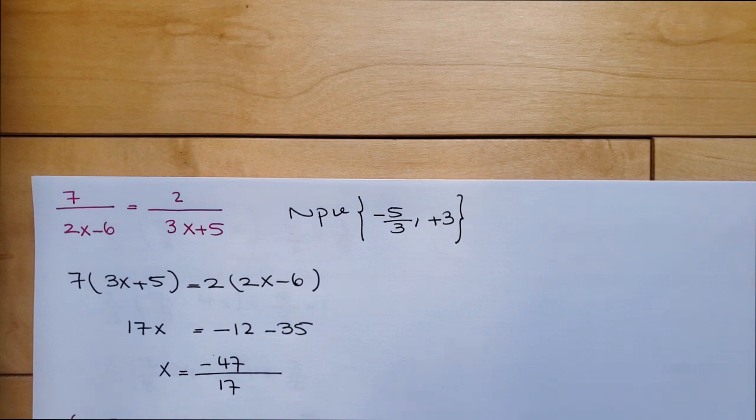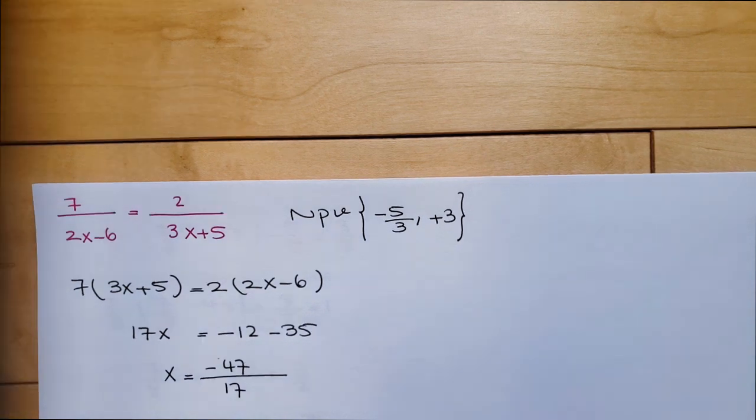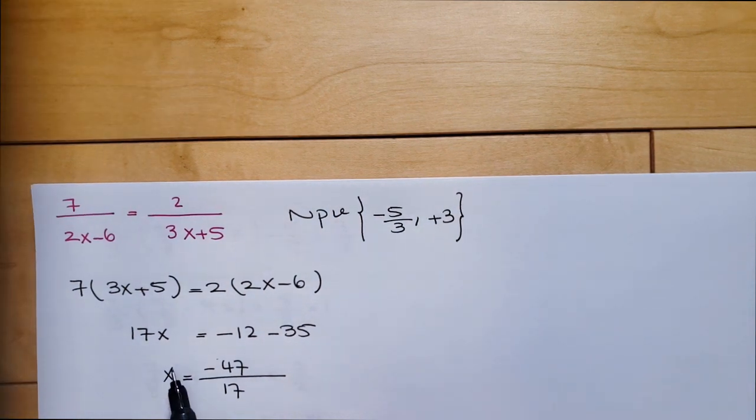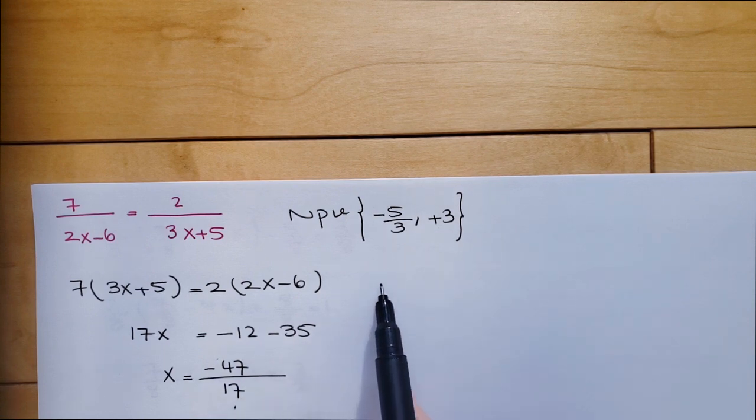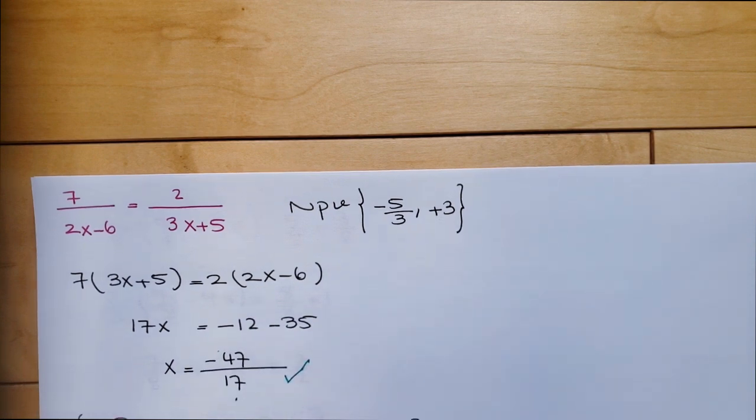So 7 multiplied by 3x plus 5 equals 2 multiplied by 2x minus 6. Then I will move everything around, simplify, and the final value of x is -47 divided by 17. I compare it against the NPV values, not the same, so this is the accepted value.